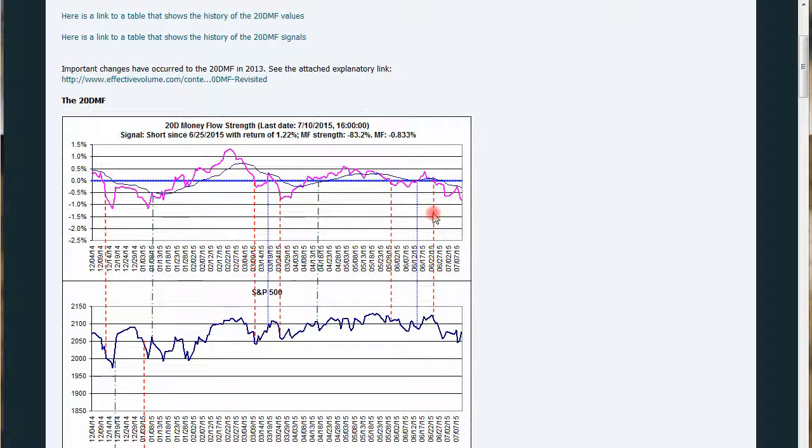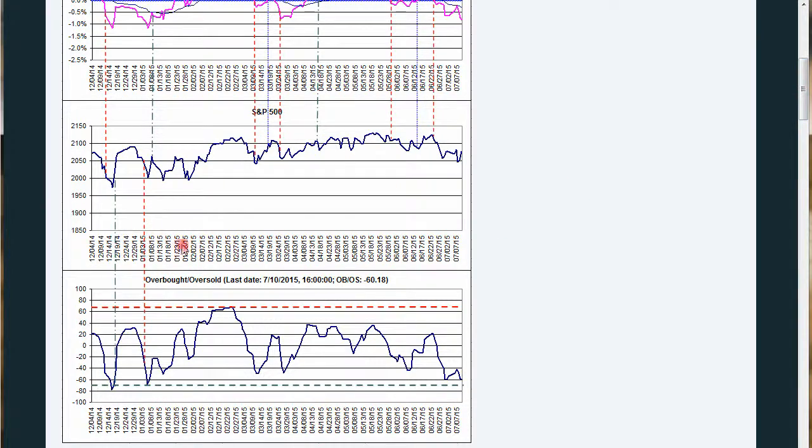Buy signals are issued when this indicator crosses above zero, but usually buy signals are issued by this lower panel indicator, which is measuring the oversold situation of the market, but that will be part of the next video.